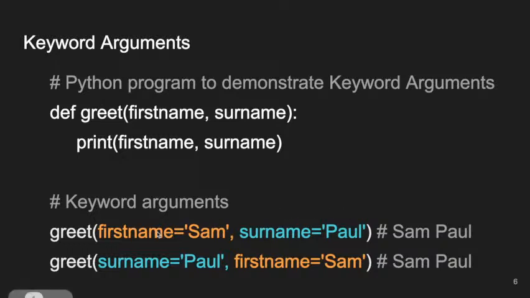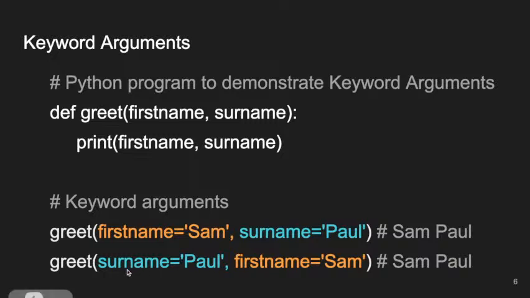But you can see here that we are almost using the arguments as if this is a key, right? So we call this keyword arguments. First name equals, and then you pass the first name, then surname equals, you pass the surname. When you run this, you get this type of message. Now, because you use keyword arguments, you may also swap the positions of the arguments, so it will not matter what comes before the other.